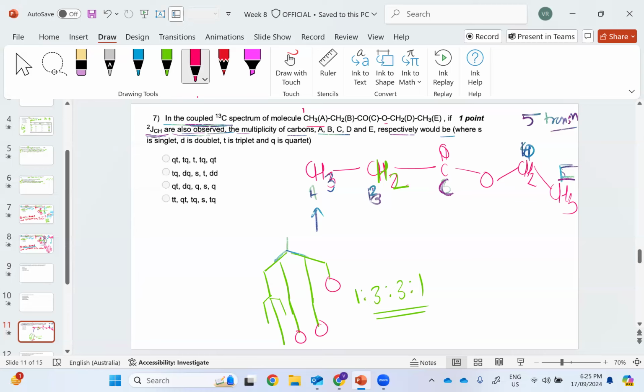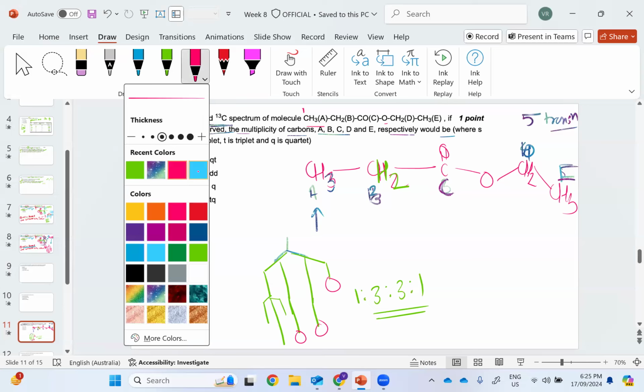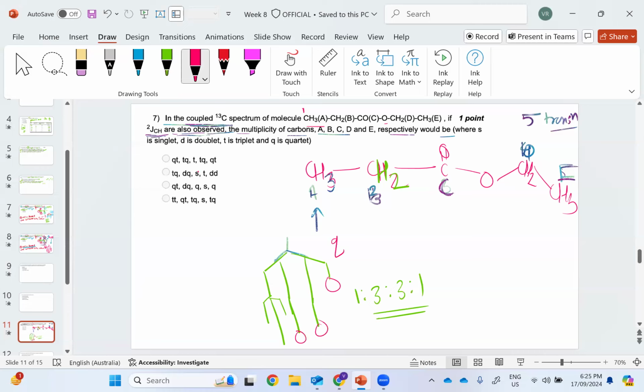So what was the splitting pattern for this CH3 group, CH3 A? It is a quartet of triplets, right? Similarly, if you look at this additional CH2, it will show a triplet because of these two hydrogens, then a quartet because of these three hydrogens of CH3.